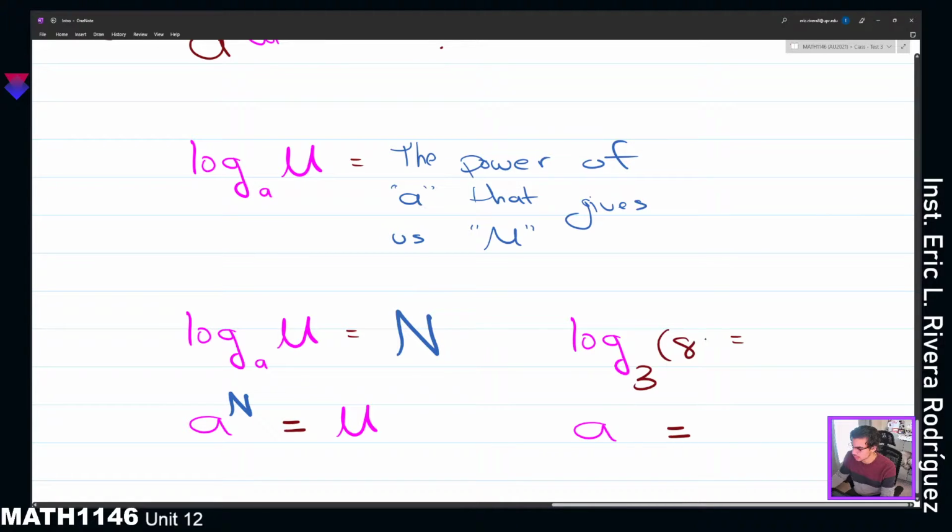Log base 3 of 81 is the power of 3 that gives us 81. That is 4. Why? Because 3 raised to the power of 4 is 81. Okay, so that's what we are doing here.